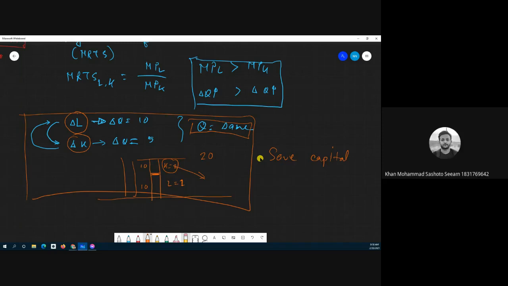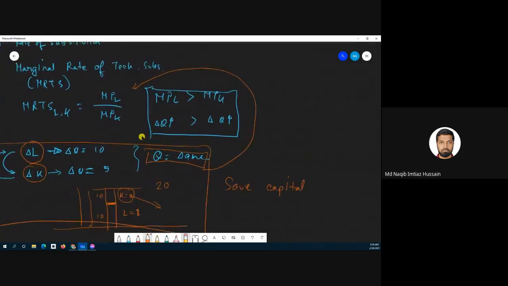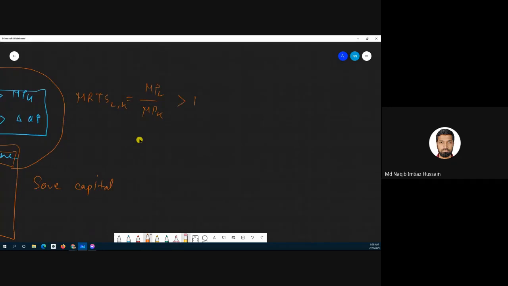বুঝতে পারছো এখন? জি স্যার। So এখন তাহলে কি হলো, going back to this, if you find your MRTS LK, যেটা ডেফিনেশন হচ্ছে MPL ডিভাইড বাই MPK, এইটা যদি একের চেয়ে বড় হয়, if it's greater than 1, what can you say? ক্যাপিটাল সেভিং। This is capital saving. আর যদি উল্টা হয়, if this is less than 1, তাহলে labor saving. আর যদি equal to 1 হয়, তাহলে it doesn't matter, neutral.